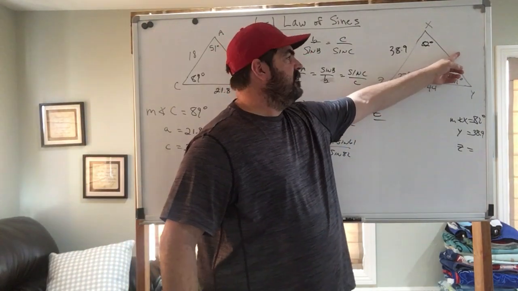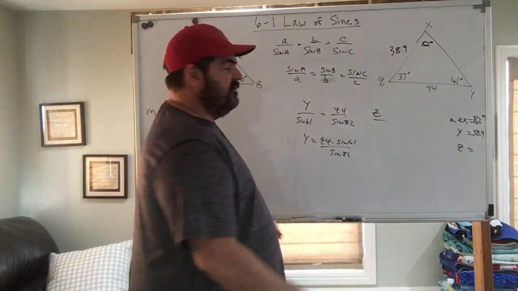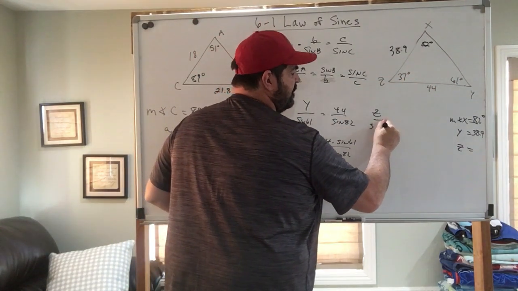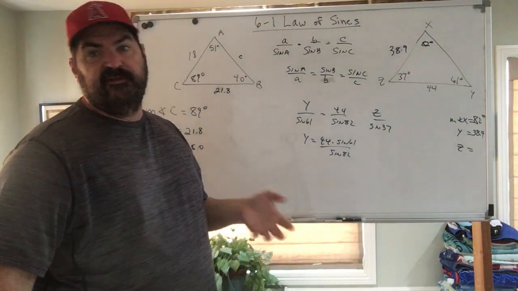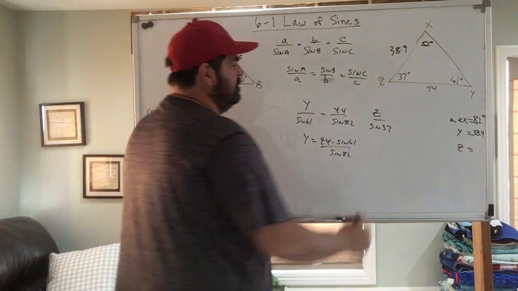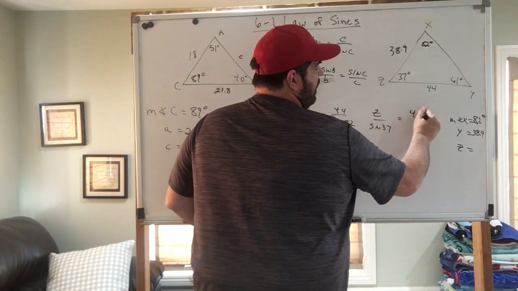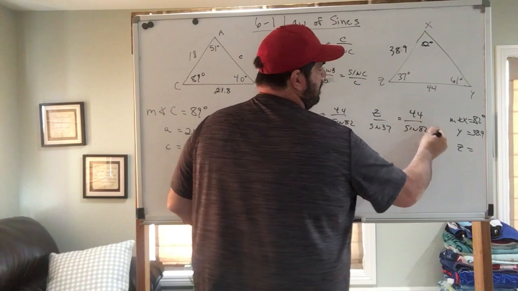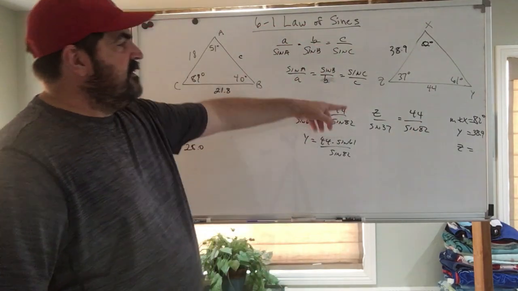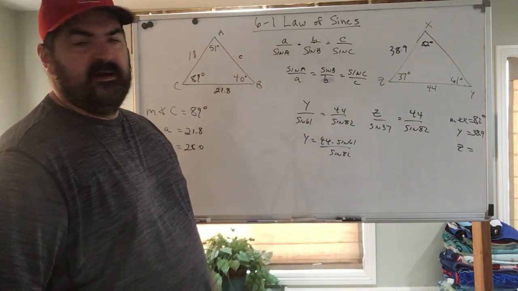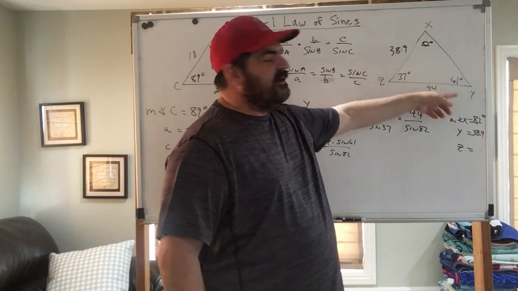All right, and then Z. Side Z is over here. It's across angle Z, which is 37. So sine of 37. Don't forget it's law of sines, so you're taking sines. And again, I can use the 44 over sine of 82. I could use the 38.9 over sine of 61.